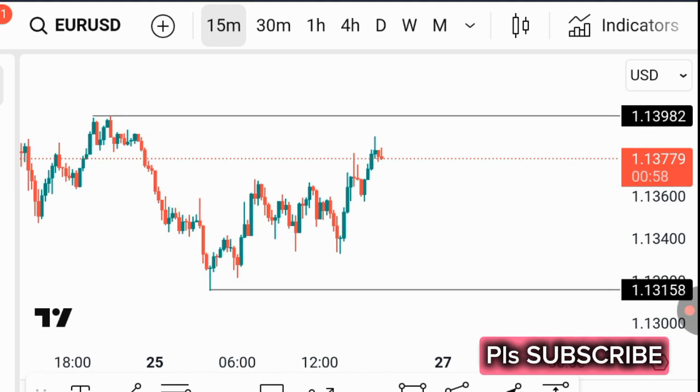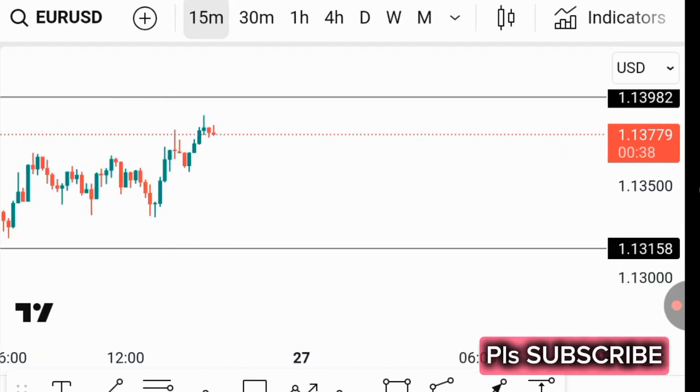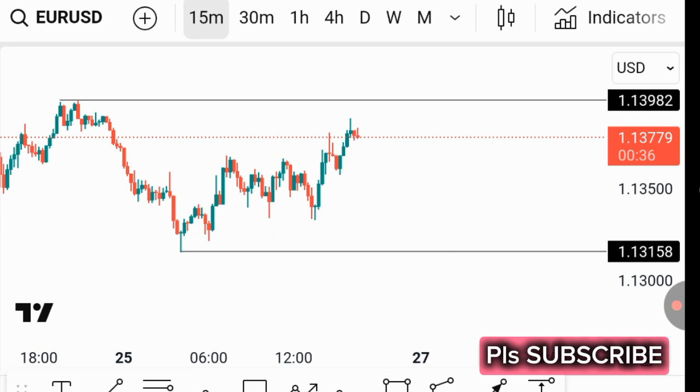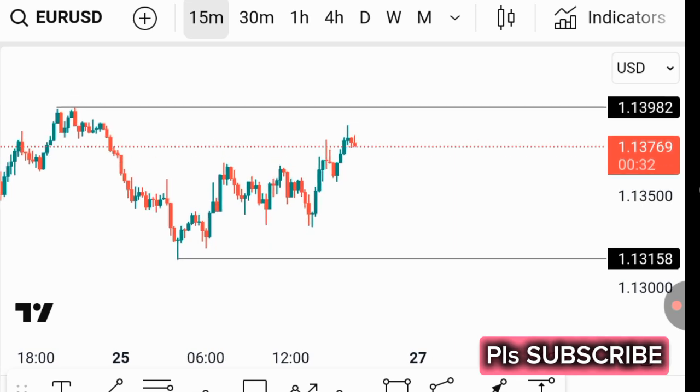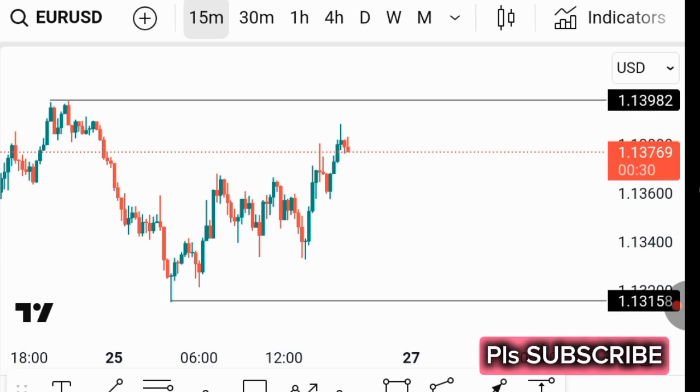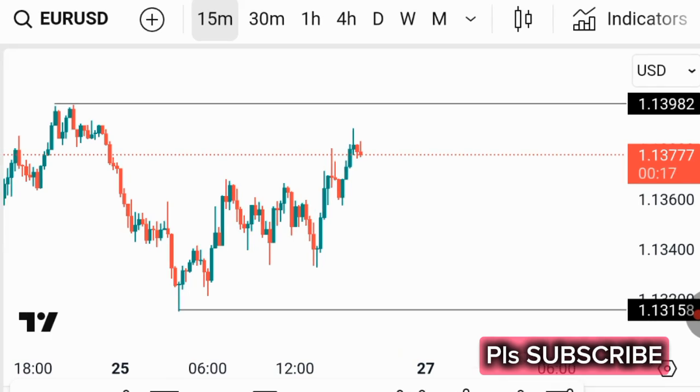By the way, this is a 15 minutes chart, okay? And I've been able to identify the most recent highs, which are the levels where price is likely going to react to. So there are key areas you need to take into consideration when trading smart money concept.